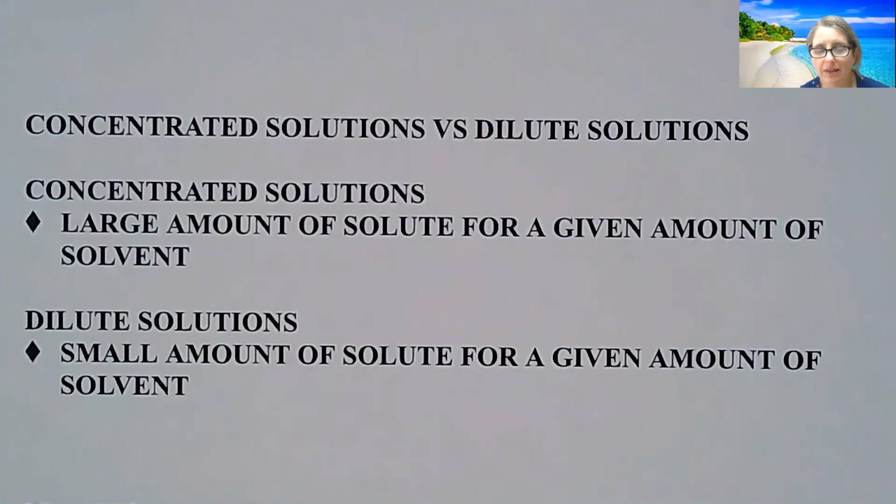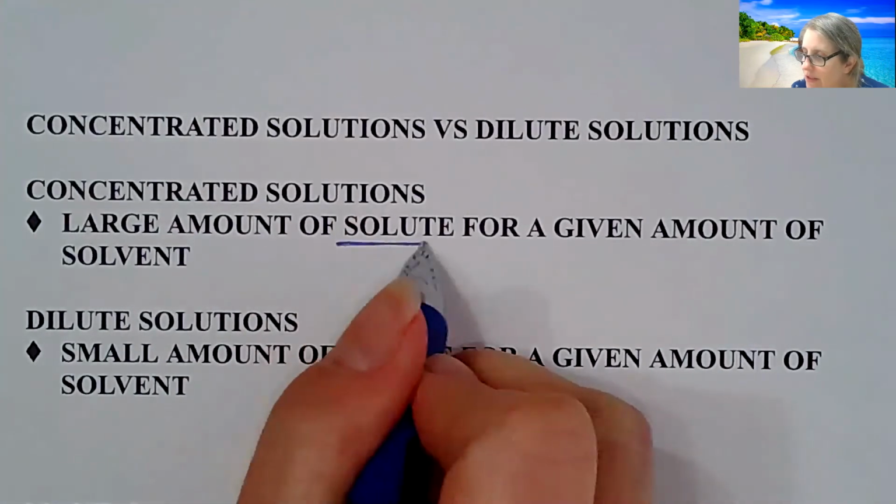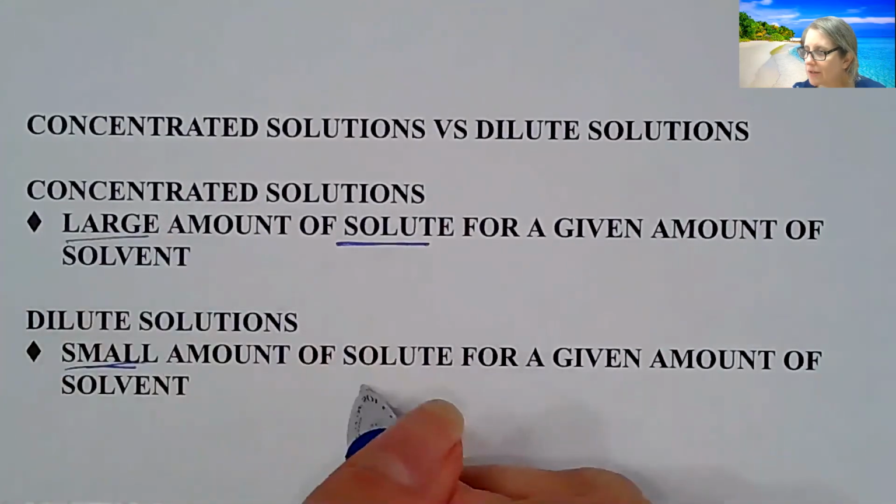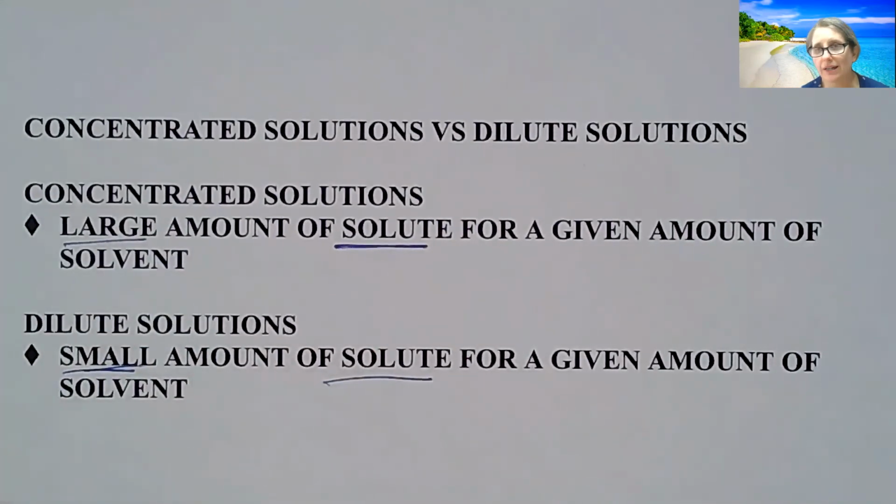One is what we call a concentrated solution, and one is called a dilute solution. Now, unfortunately, I don't have a magic number that I could give you for if it's concentrated or not. But just know that concentrated means you have a large amount of solute for a given amount of solvent, while you have a very small amount of solute if it is what we call dilute.